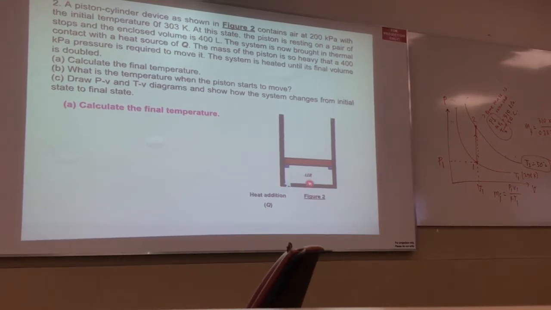That means the initial pressure is 200 kilopascal with an initial temperature of 303. That means I can write P1 is 200 kilopascal. Temperature T1 is 303 Kelvin.